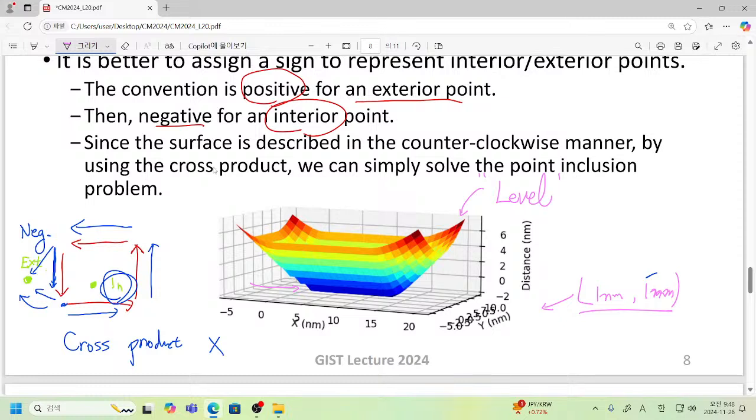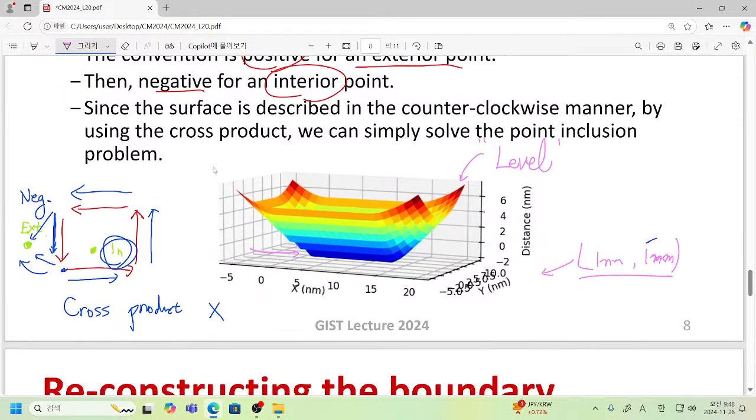For example, you can introduce 0.5, 0.5 or 2, 2. Any kind of description can be applied, or you can even generalize it to different scales like 1, 2 or 2, 1. But anyway, you can make this kind of level.